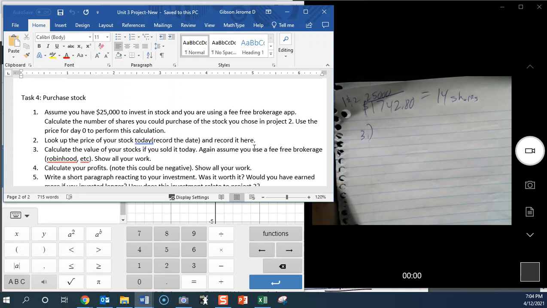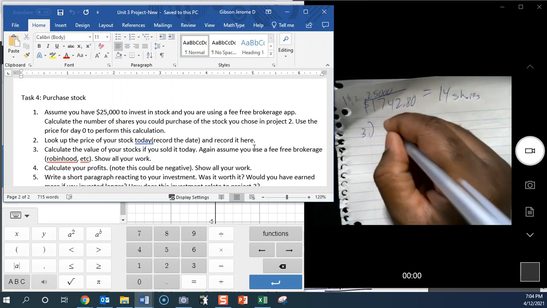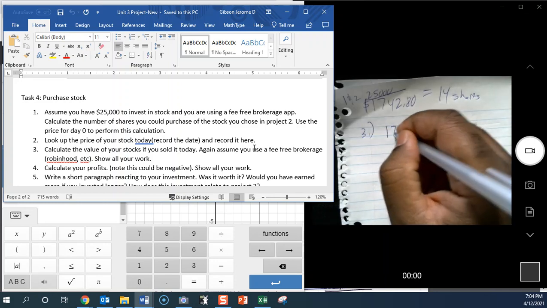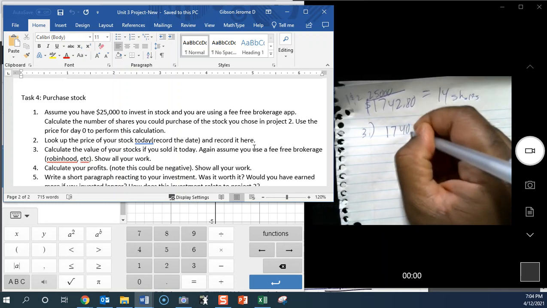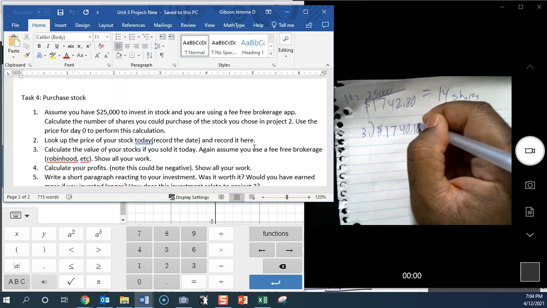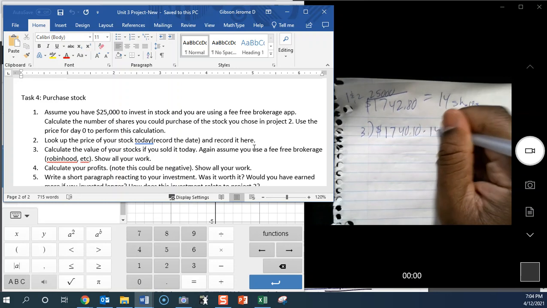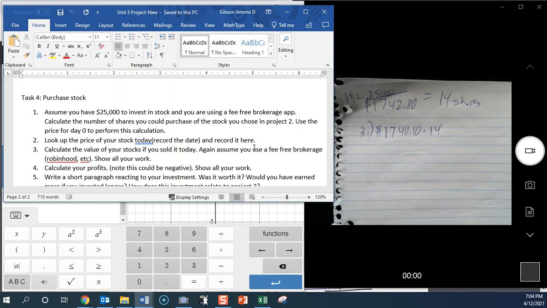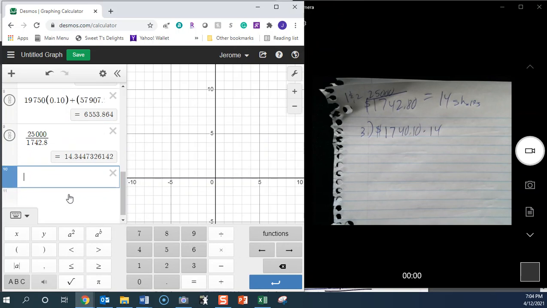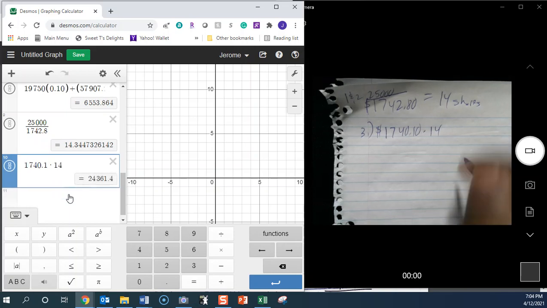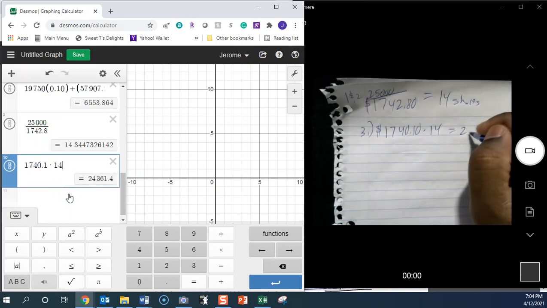Now the person who I'm using, when they sold their stock, the stock was worth $1,740.10. Okay, now they were supposed to multiply that by the 14 shares. So $1,740.10 times 14. Because it's a fee-free brokerage firm, this is how much money they received.